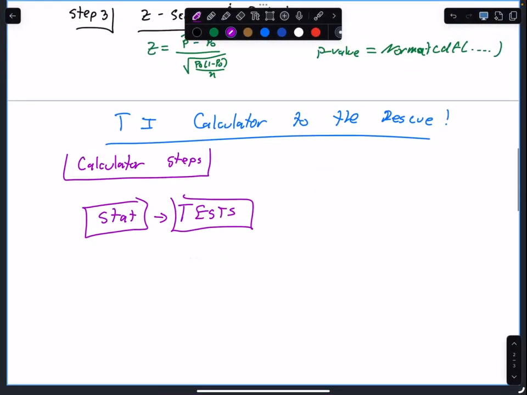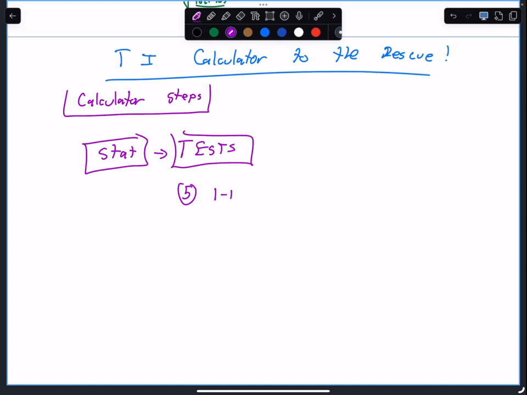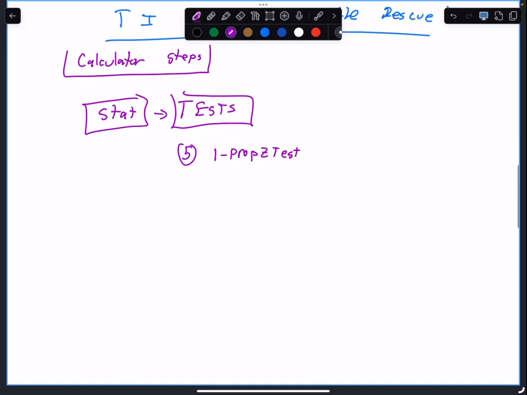Boom. All right, so then you're going to select option 5, one prop z-test. And when you do one prop z-test, it's going to prompt you. What is P0 for your one proportion hypothesis test? What is X, the number of observed successes in your sample? What is N? And finally, it's going to ask you prop, and it's going to be not equal to P0, less than P0, greater than P0.